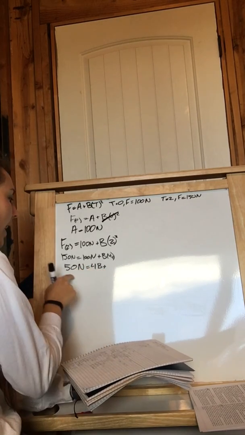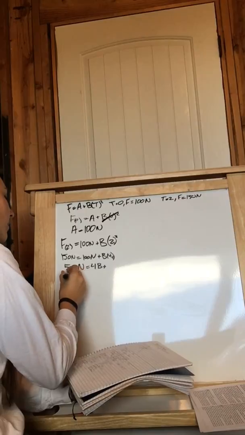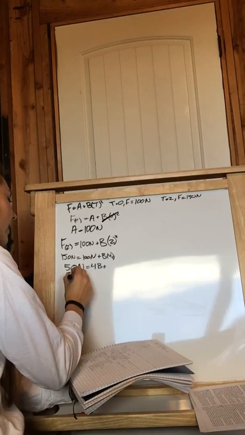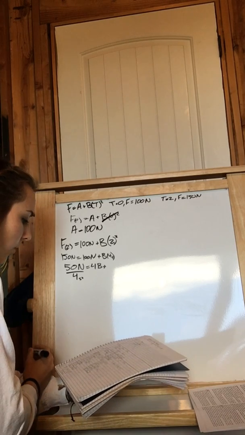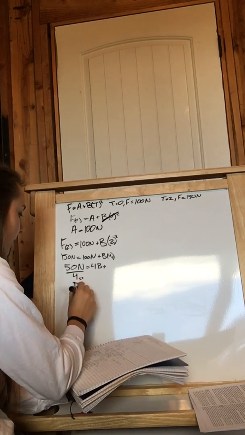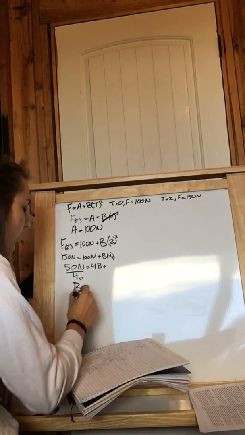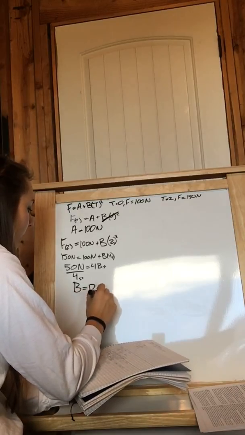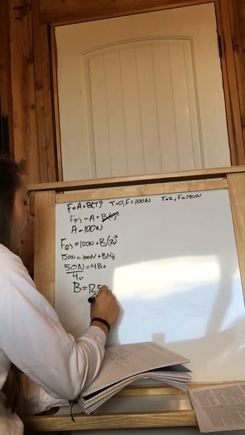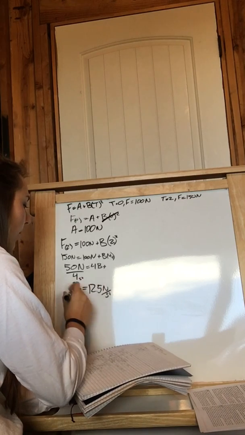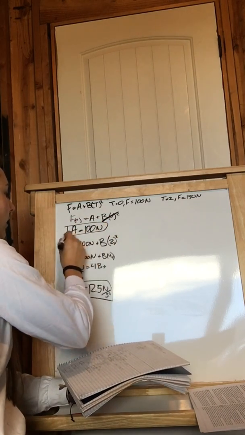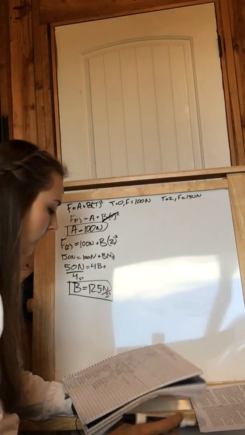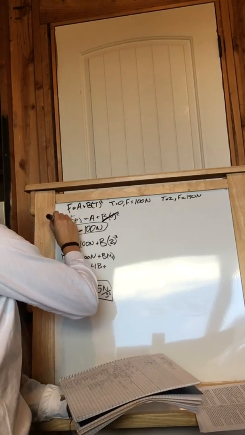Then when we divide 50 newtons by 4 seconds squared, we end up with B equals 12.5 newtons per second squared. Those are their SI units. So that was all part A.